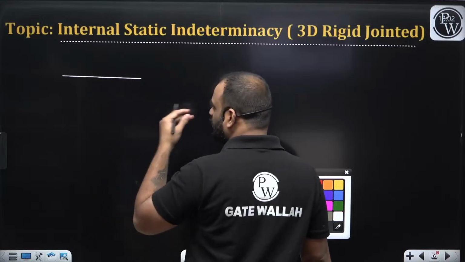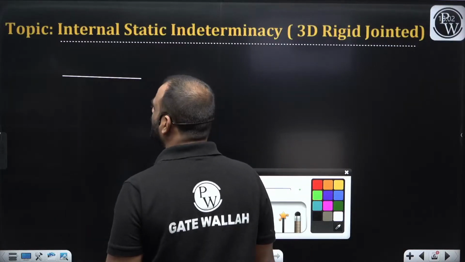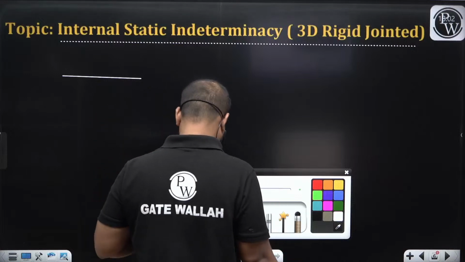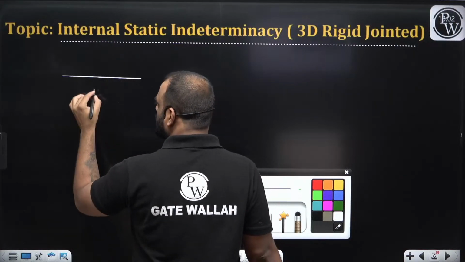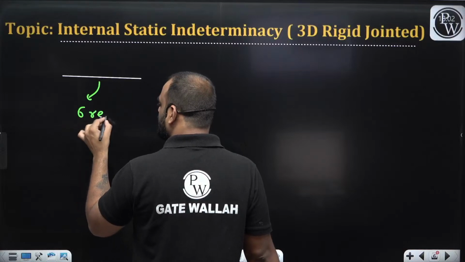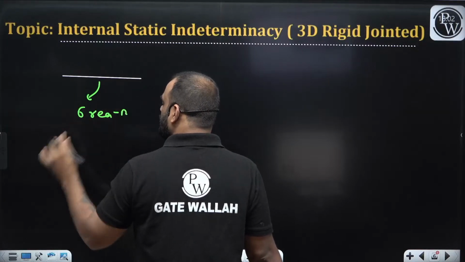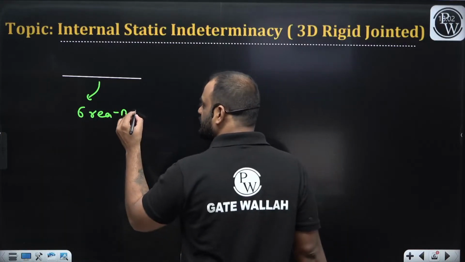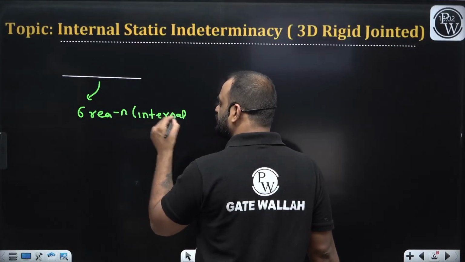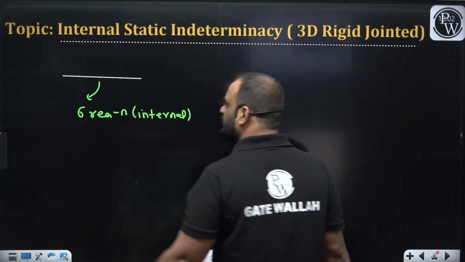If you have any member in a 3D rigid jointed structure, how many reactions may you find? So basically there are 6 reactions. Let us suppose this is a member. In this particular member there are basically 6 internal reactions.